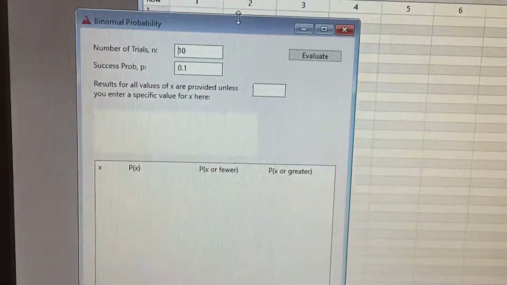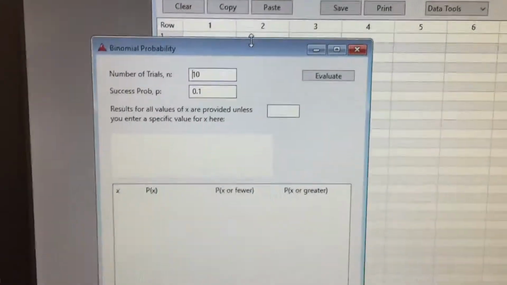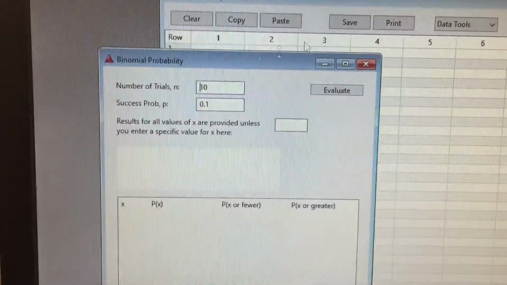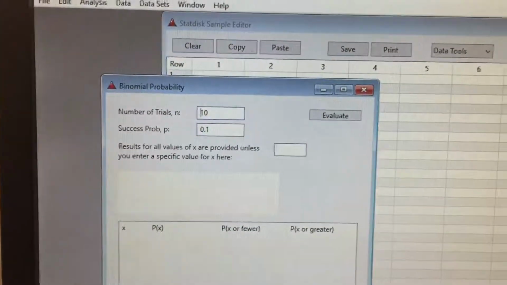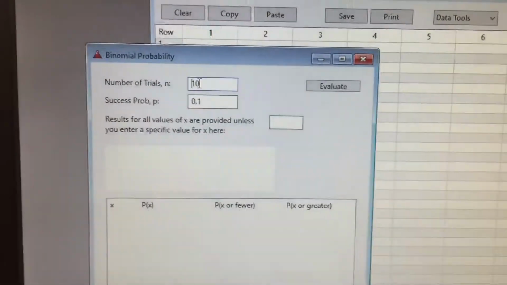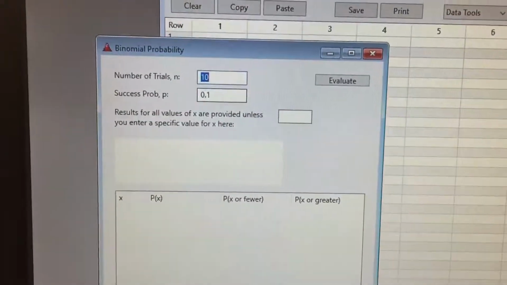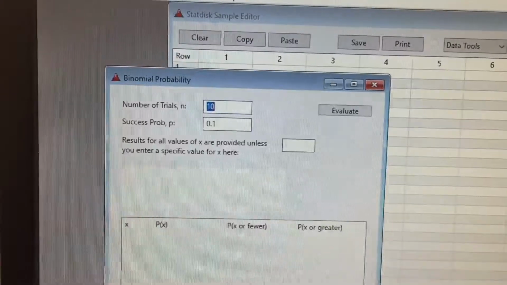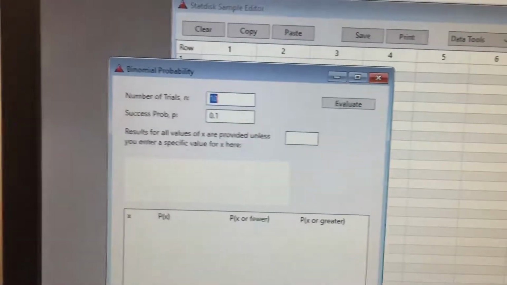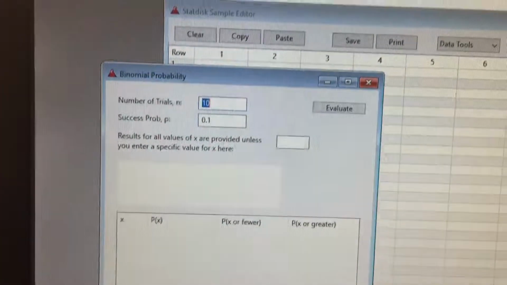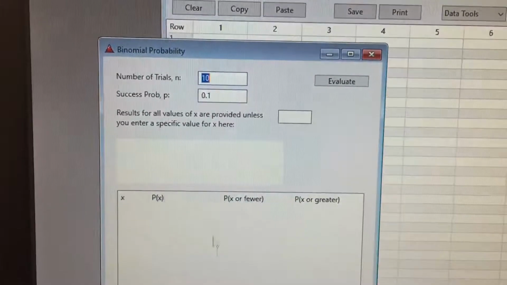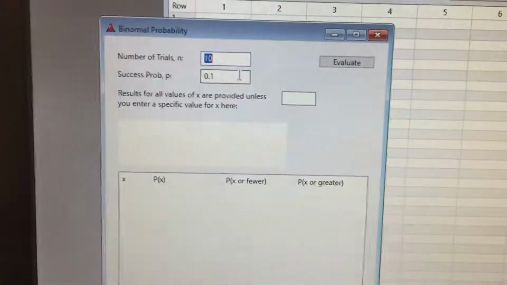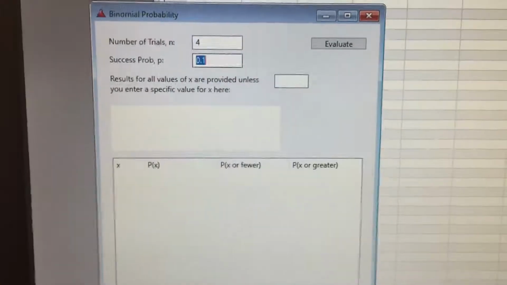So here, the number of trials, which is going to be your N. Now, in this case, it's only going to be 4 because in the problem it does say the owner wants to verify that rate by beginning with a small sample of only 4 randomly selected consumers. So your N is going to be 4, so you type in the number 4 there.